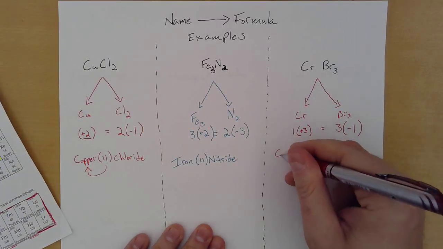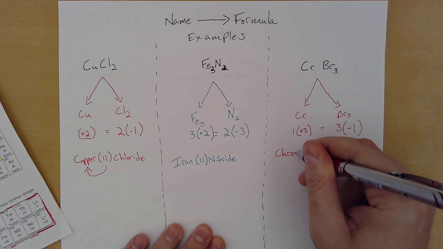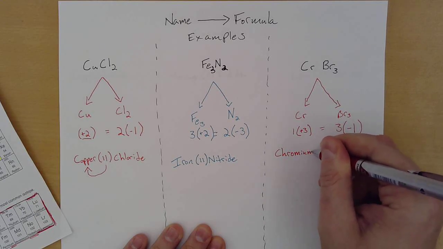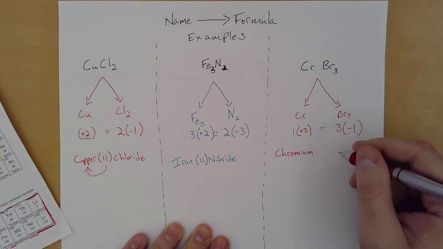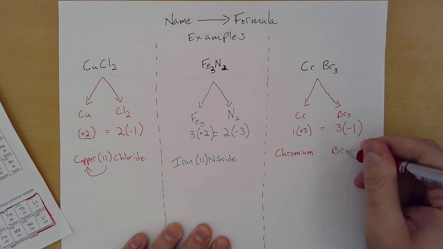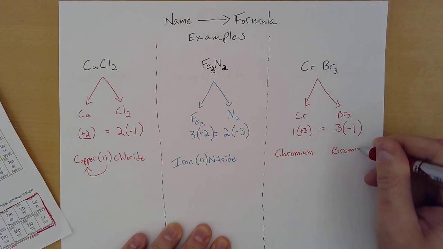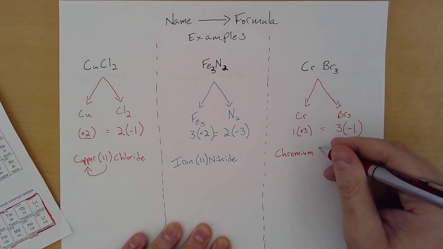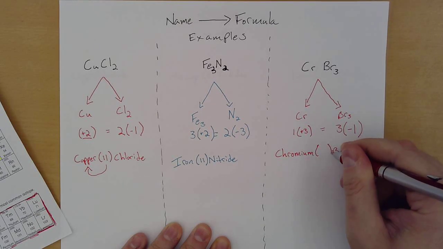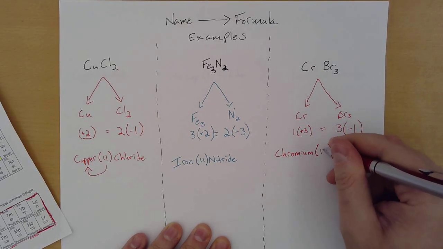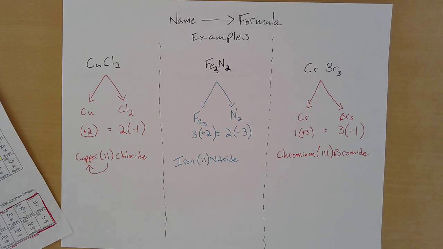So I'm going to write chromium. And then bromide. Bromine becomes bromide, changing that to an IDE ending. And I got to indicate what that charge is. There's only 3, so we got 3.